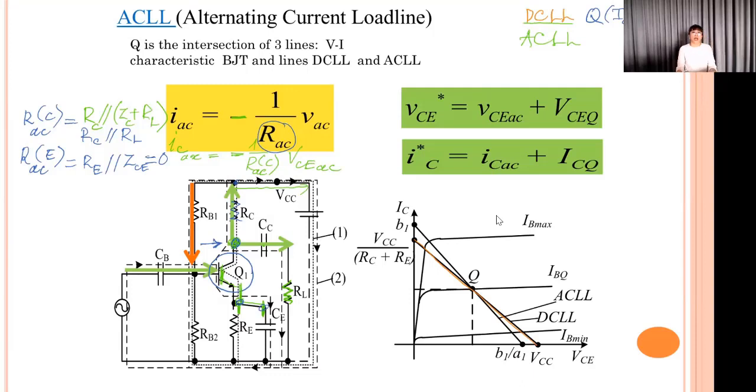And of course, very familiar, you should remember that on the output volt-ampere characteristic, the red line here is the DCLL, and the Q point belongs to this load line. This is the answer for the first question. You should remember 2 very important points on this load line. The first point is the power supply value.